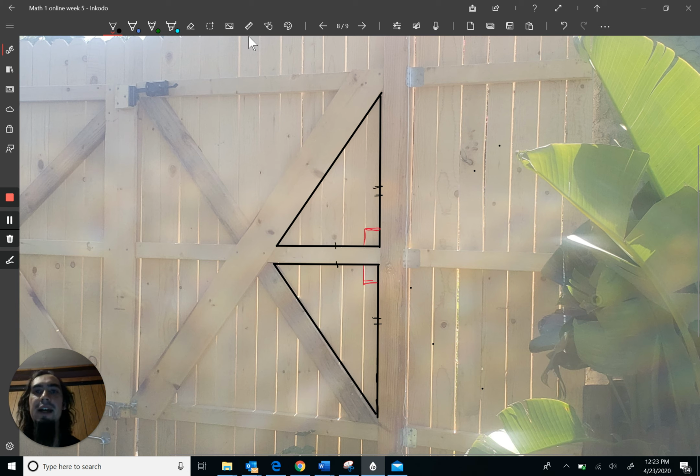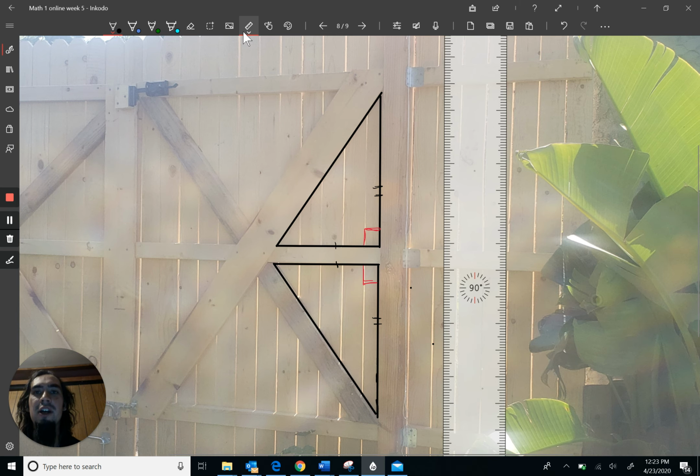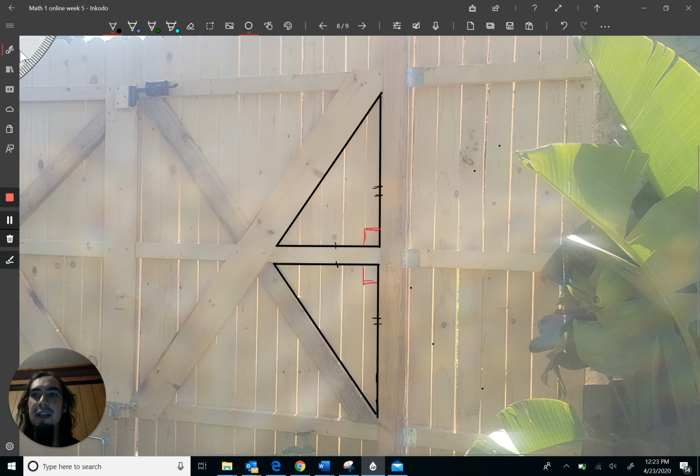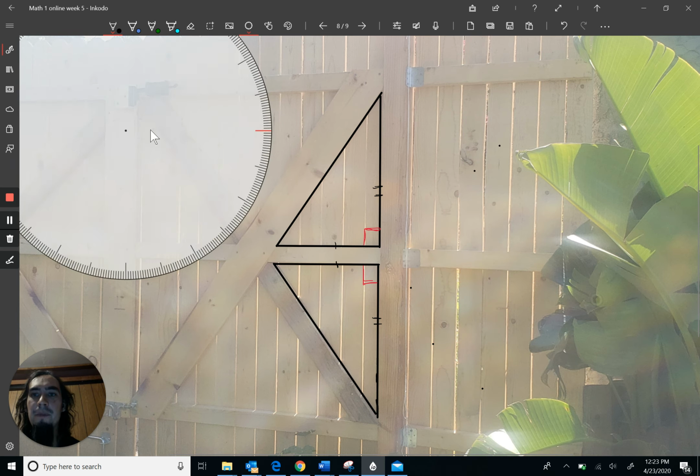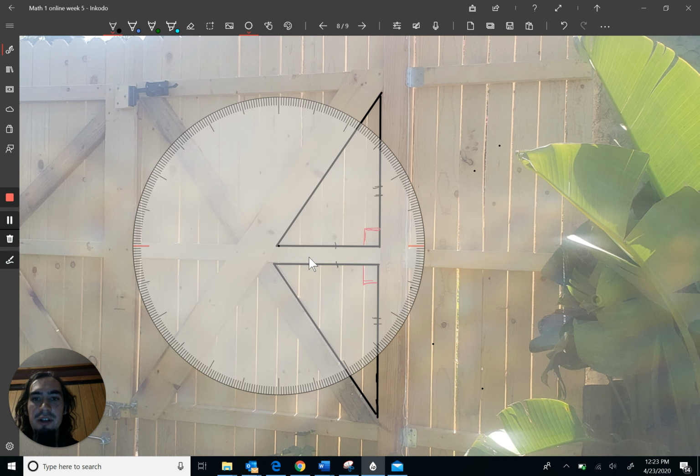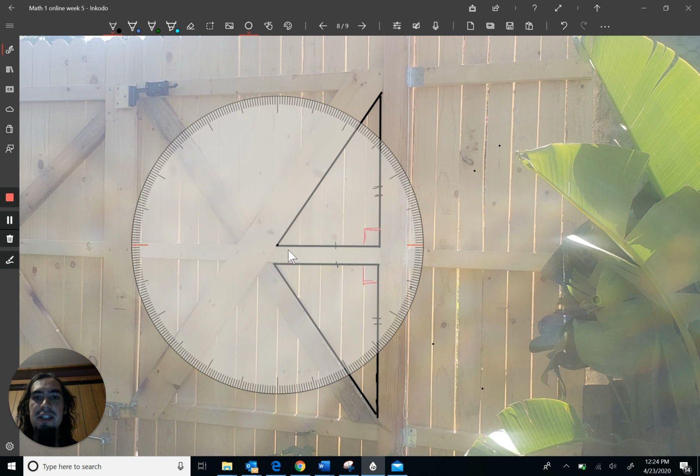Now let's go ahead and measure one of them just for the sake of it. I'm going to take my protractor here, and I'm going to measure this angle here, and I'm going to measure the corresponding one here, and we'll see if it really is congruent. So I've lined it up right here at the vertex. Here's my 0, and I'm going to count my way up.